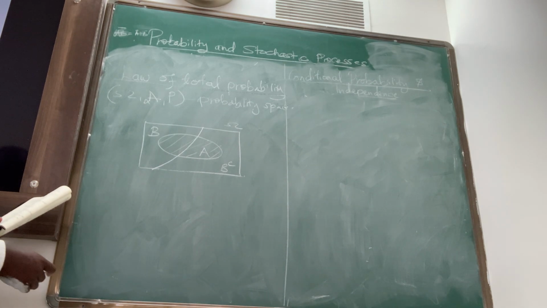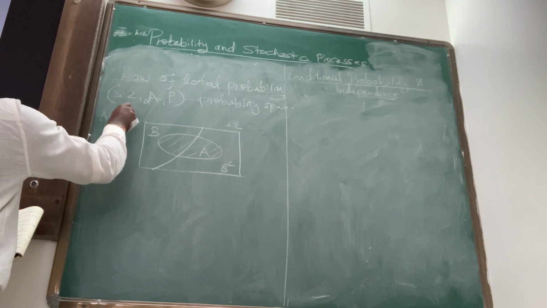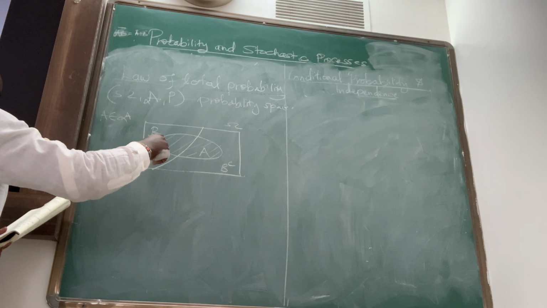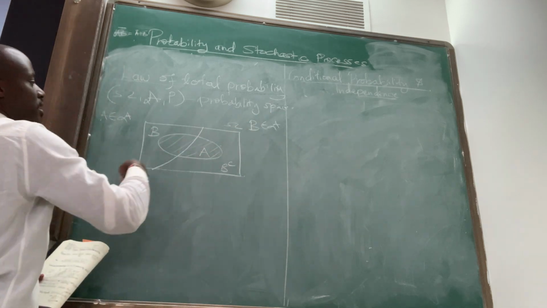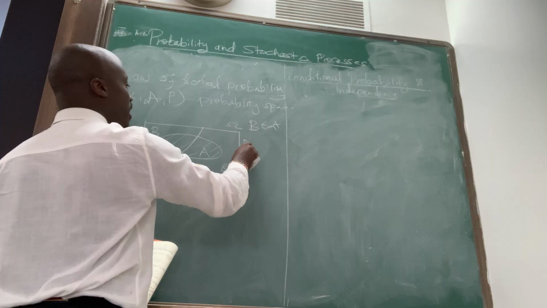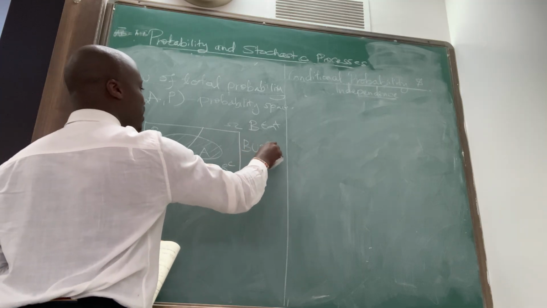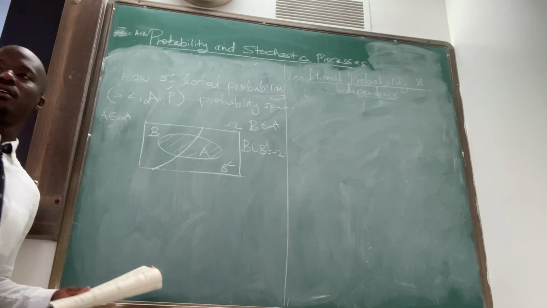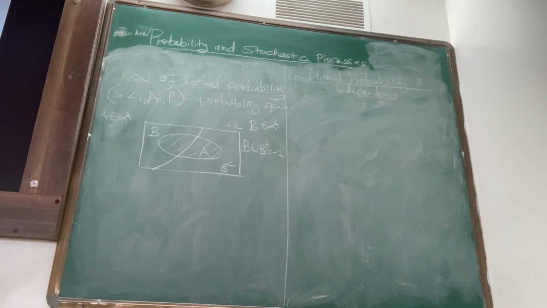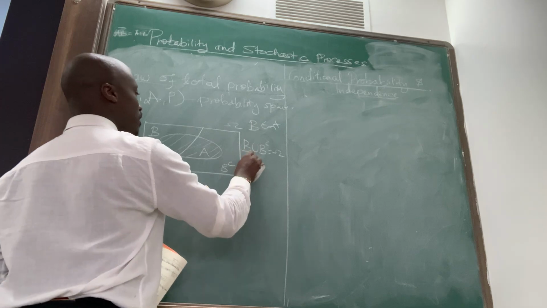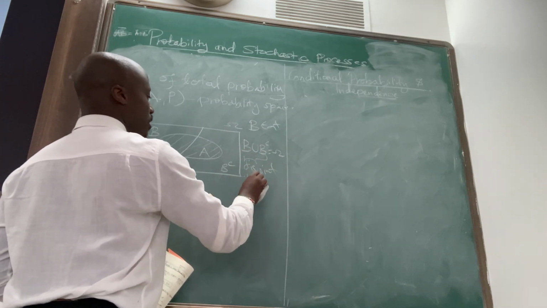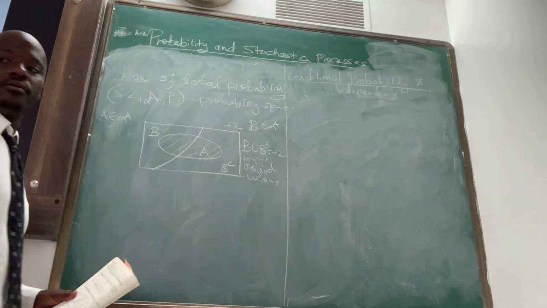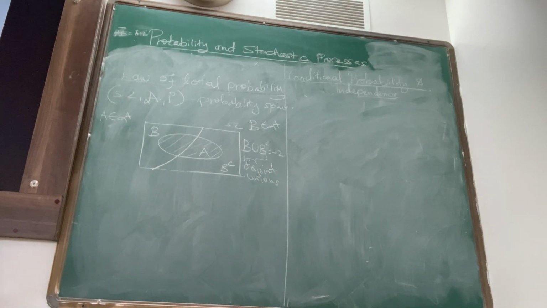So assume that rectangle is a sample space, and we are looking at those events. A is an event, B is also an event, and you can see this has been split into two by B and B complement, so those ones make up the entire sample space. B and B complement, their union, make up the entire sample space, because these are disjoint unions.